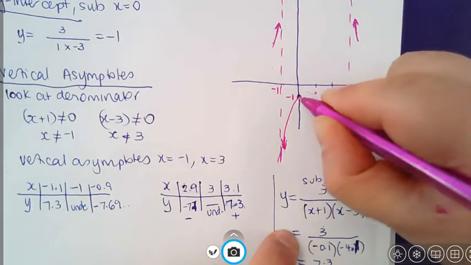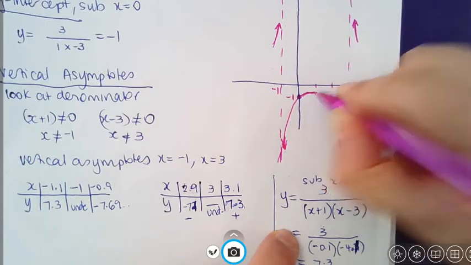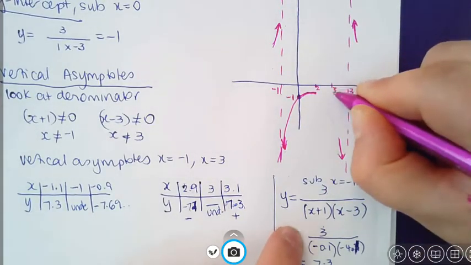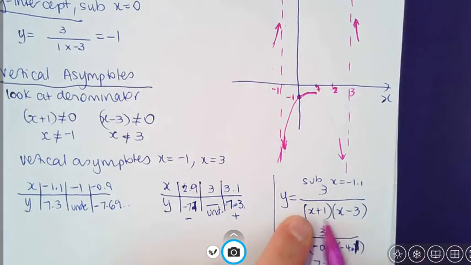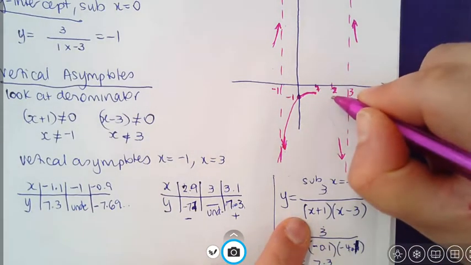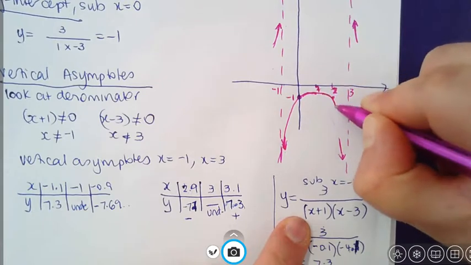Negative 3/4 is a bit like that. And what do you get when x is 2? So that's x is 1. When x is 2, I get 3 there, and I get negative 1. So I get 3 over negative 3. Oh, I get negative 1. There we go. That's what happens.